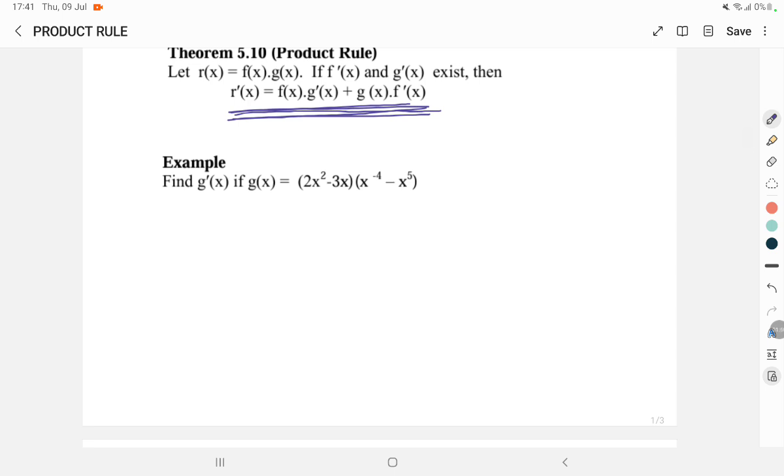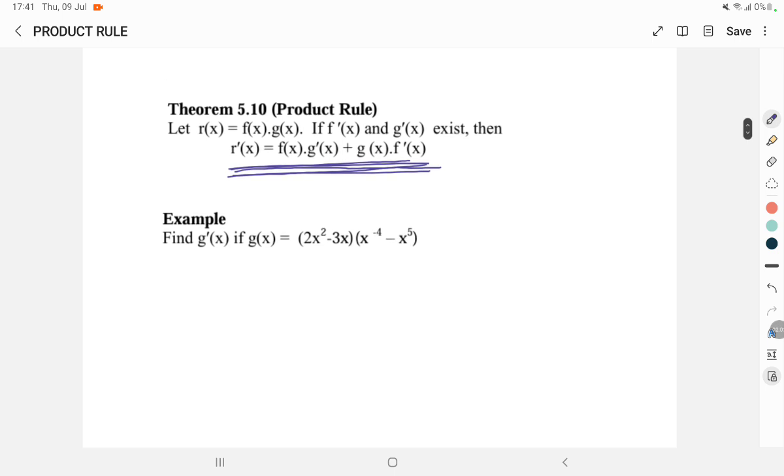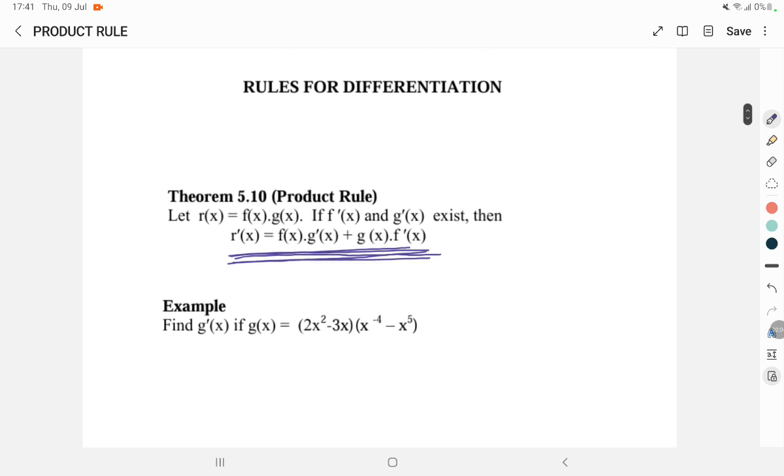Now I have an example where we have to find the derivative of g of x if g of x is equal to 2x squared minus 3x multiplied by x to the power of -4 minus x to the power of 5, right? So now if you check here, we have two functions that are multiplying each other. Let's call this one f of x, then let's call this one r of x, right?